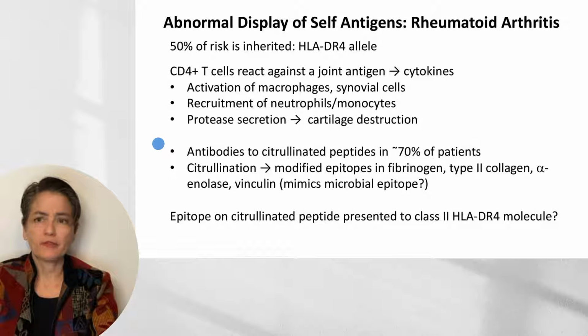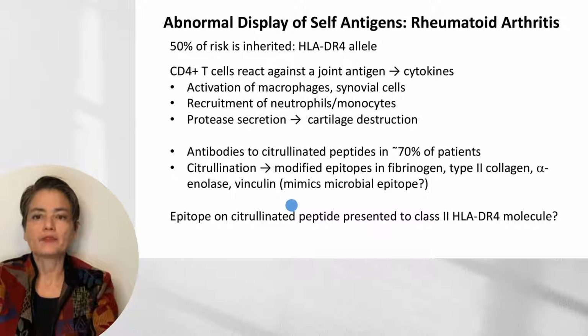Now, about 70% of patients with rheumatoid arthritis have antibodies to peptides that have been citrullinated, and I'll show you an example of what citrullination looks like in a moment. This process is going to cause modification of epitopes in a variety of proteins that are found in the synovium, including fibrinogen, type 2 collagen, alpha enolase, and vinculin.